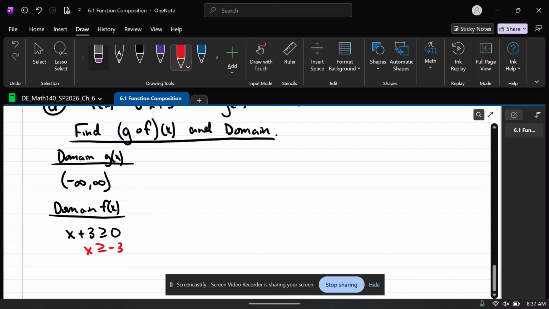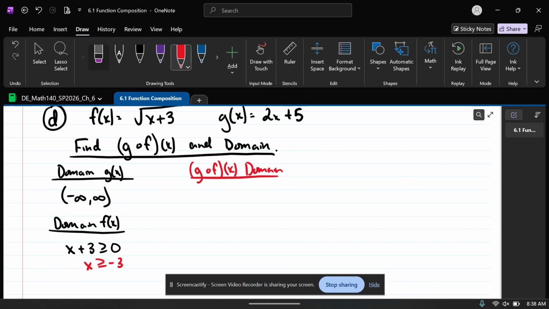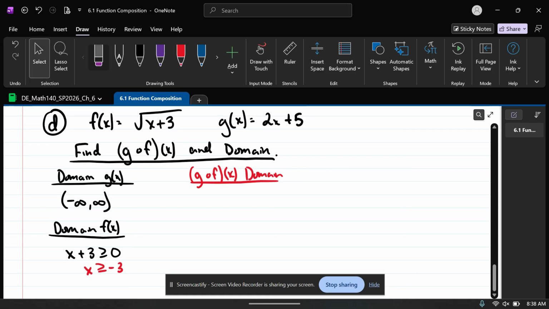Now, the g composed with f domain, this is where you put it together, okay? Since the second function had restrictions, that restriction will always be in the domain of the composite function.